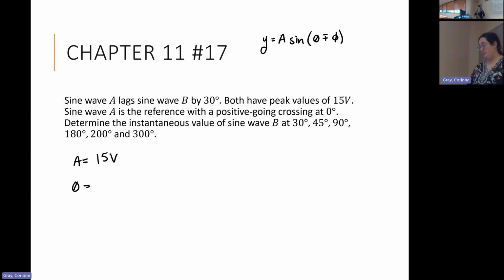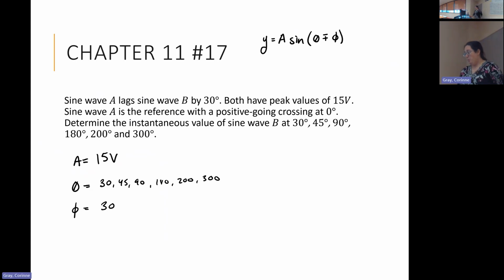It's 30, 45, 90, 180, 200, 300. And so then what is phi? In general, what is the angle? Yes, 30.